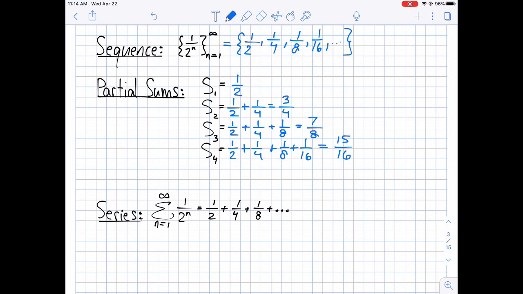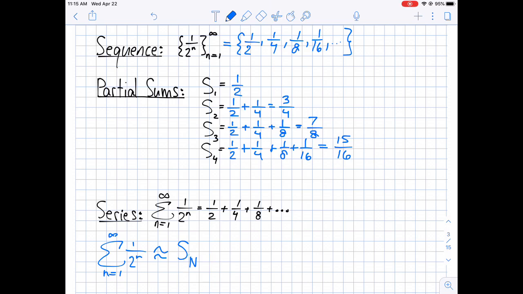Okay, so we've looked at the first four partial sums, and now we want to know how to bridge the gap between these partial sums and the infinitely long series. And this is not so hard to do. What we have right now is that our infinite series, the sum of 1 over 2 to the power of n, can be approximated by the partial sum S sub capital N, where capital N is the number of terms that I'm adding up.